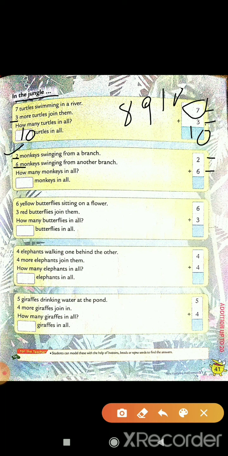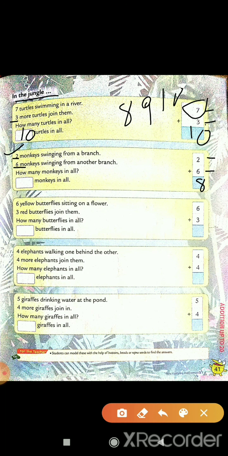If you add it with the help of number combinations, then 2 plus 6 gives us 8. So 2 plus 6 is equals to 8. Or else you can also add with the help of counting forward. Both the answers will be same.